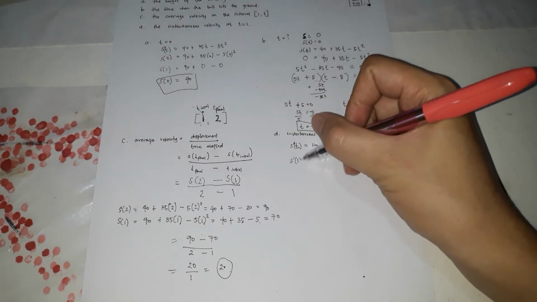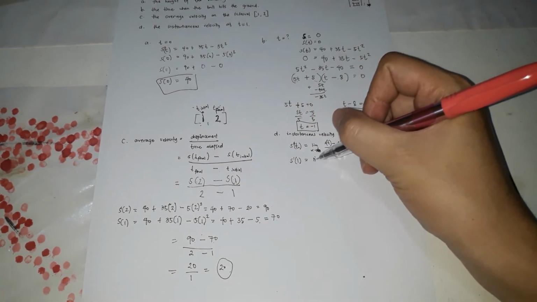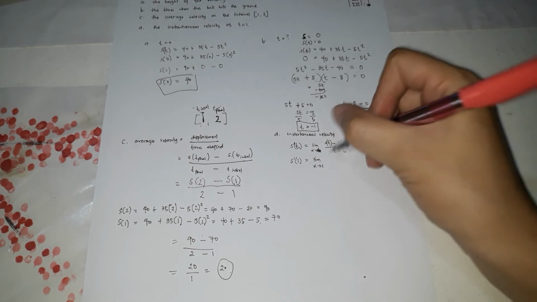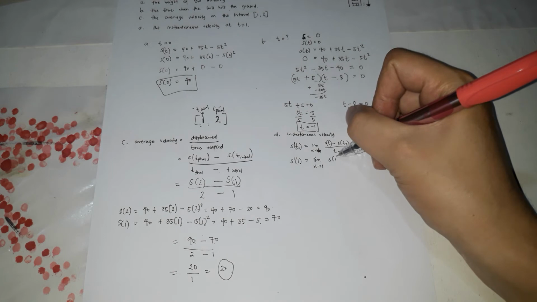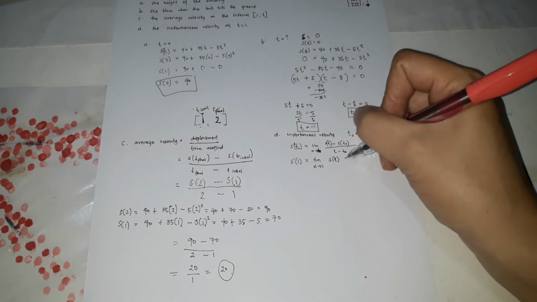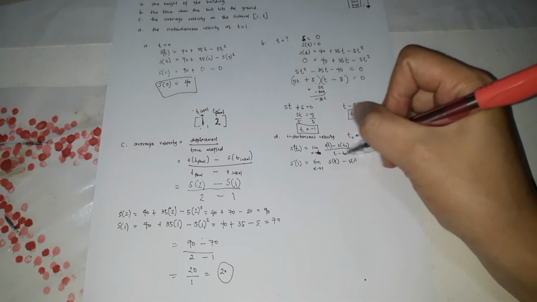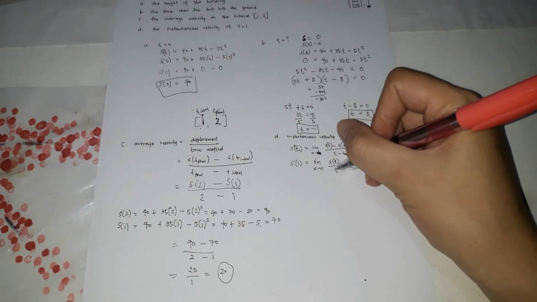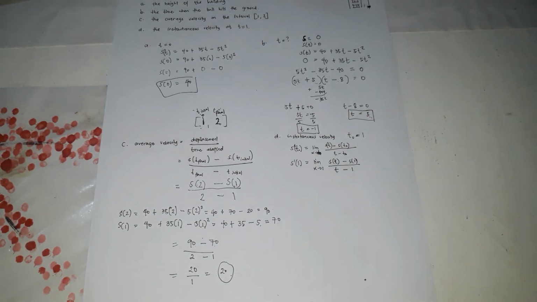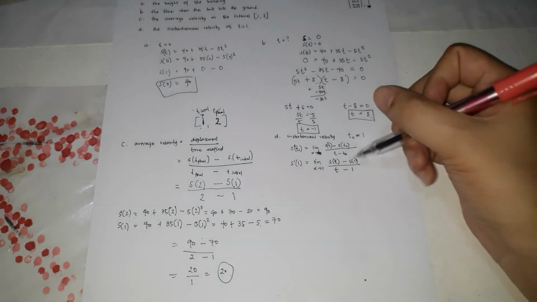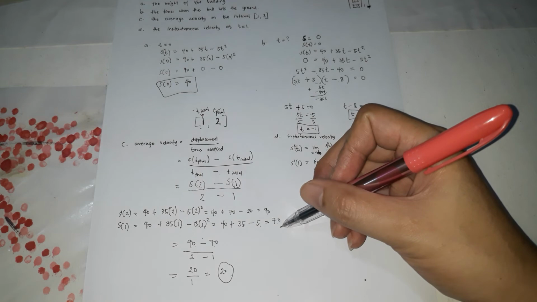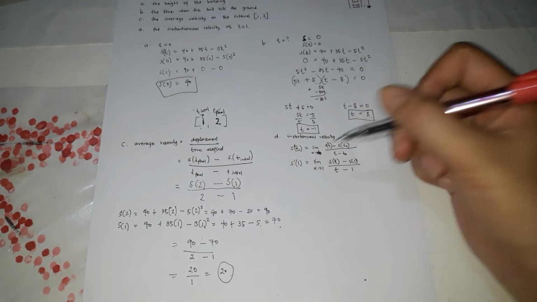So the derivative at 1 is equal to the limit as t approaches t sub 0, so 1, of S of t minus S of 1 over t minus 1. Again, we're going to solve for S of 1, but we have solved that already. It's 70. So ang gagawin natin ganito.